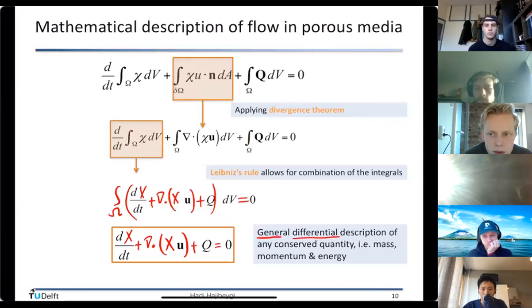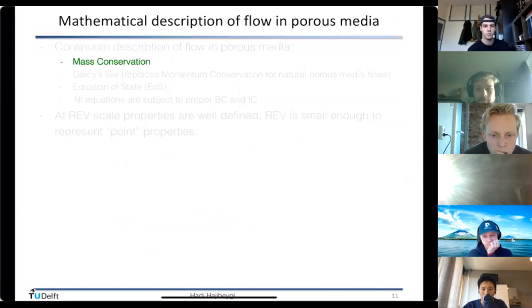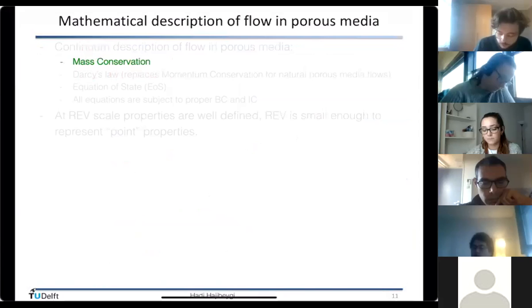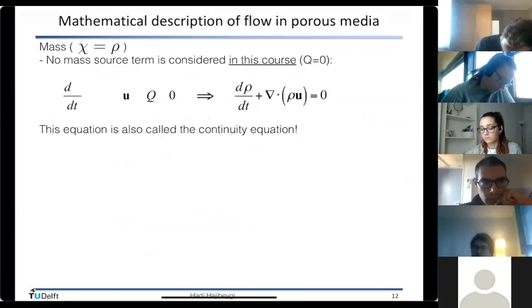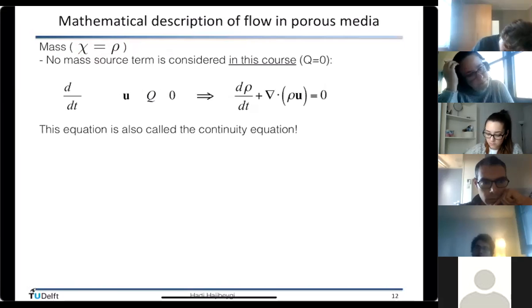Now let's go forward and find out what the mass conservation is with this PDE form. Okay, so how would I go forward with this? If I want to do mass conservation, my conserved quantity x becomes density. Density is the intensive parameter corresponding to mass conservation.